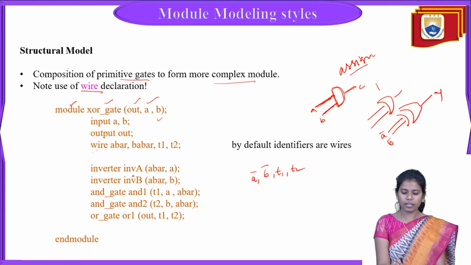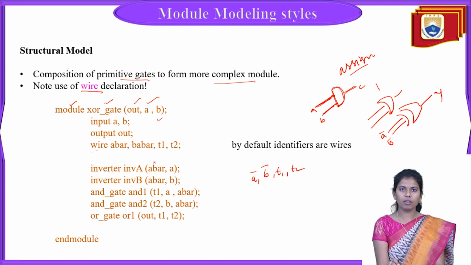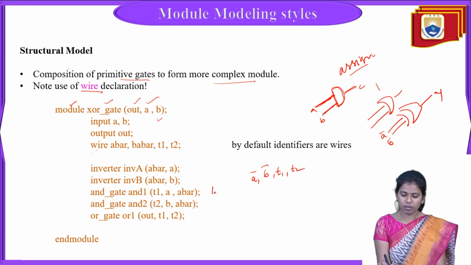So an inverter takes A to give A bar, another inverter takes B to give B bar, AND gate 1 takes T1 and A bar, AND gate 2 takes T2 and B bar, and the OR gate has output port with T1 and T2 as inputs.